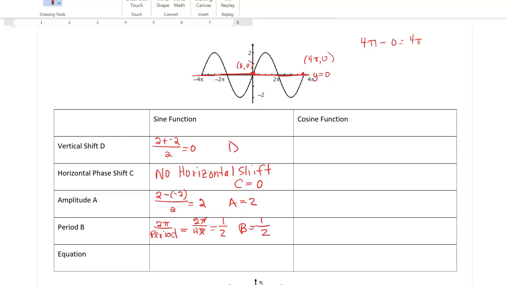So now we have our vertical shift. D is 0, C is 0, A is 2, and B is 1/2.